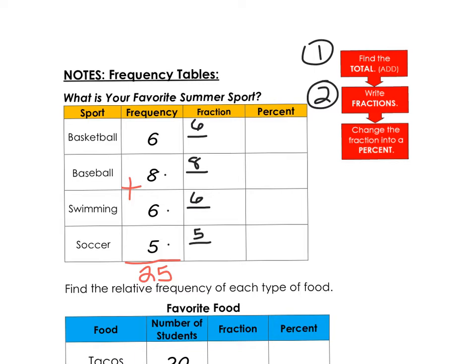And then my whole would be the 25. This would be my total right here. So this would be my denominator, the bottom part of my fraction. So I'm going to put 25 on the bottom of each fraction. And that's how easy it is to create the fraction.